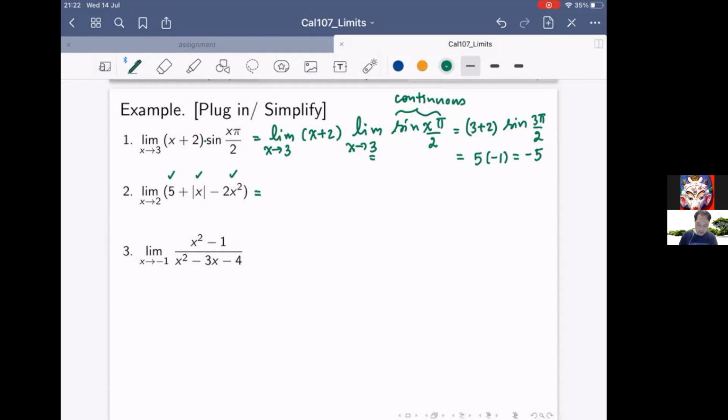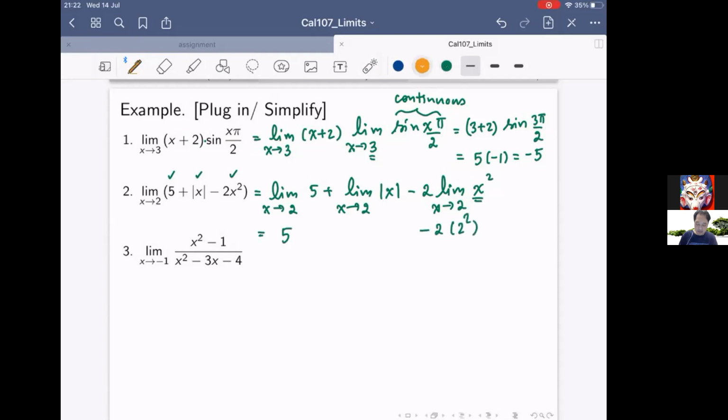So you have the limit as x goes to 2 of 5, the limit as x goes to 2 of absolute value of x, and then the 2 can be out, and then the limit of this one, x squared. And this x squared is simply a polynomial, right? So you have 5, you have 2 squared.